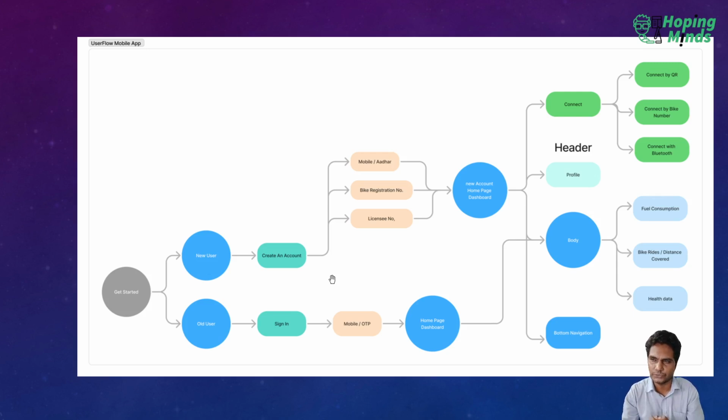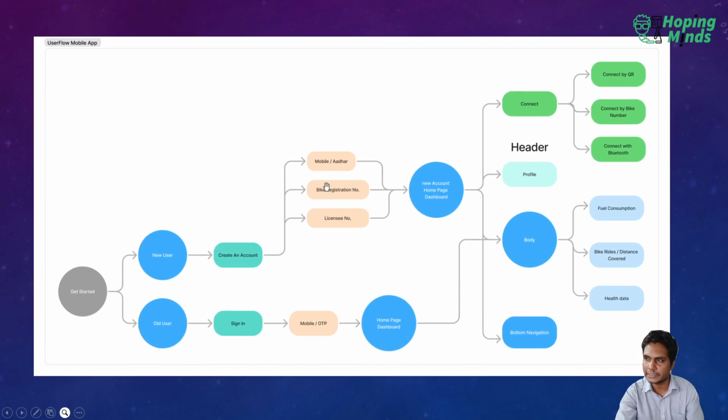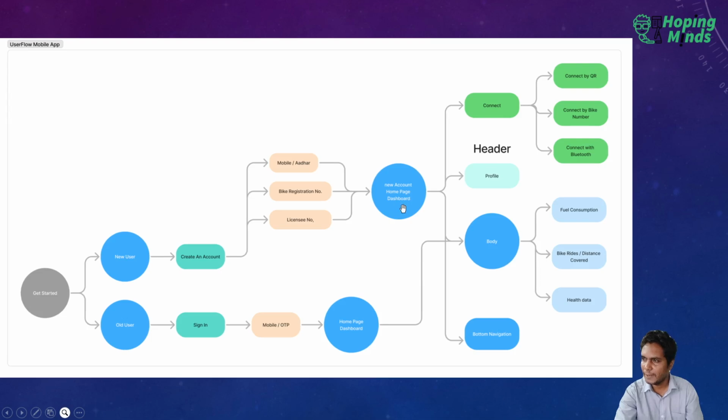You need to know all the features which are going to be there, and you will understand where the user logs in, how he will start, whether he is a new user or an old user. If he's a new user, he can create an account. If he's an old user, he can directly sign in. He can create an account with mobile, Aadhaar, bike registration, and license. New account, homepage and dashboard.